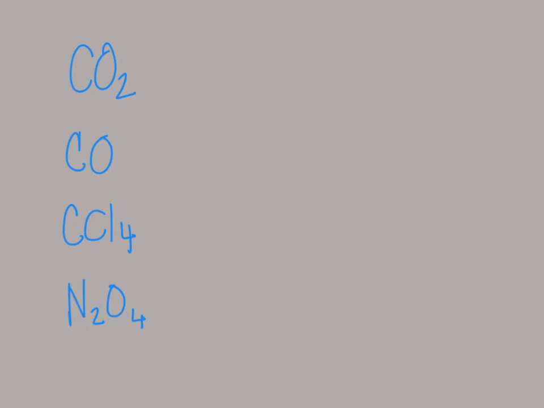All right, so here is the process in action. If you have CO2, we know that C is carbon and O is oxygen. If you remember the previous slide, I said that we are going to change the ending of the second element to IDE, so it becomes oxide. Now we have to use the prefix numbers.